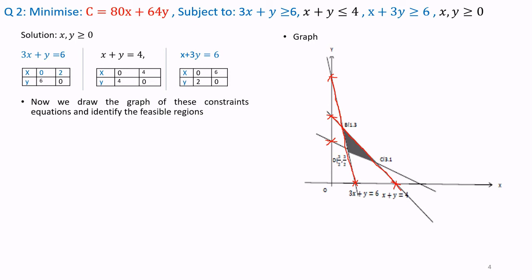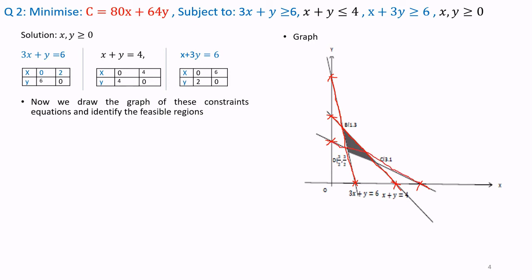And the next point is (6, 0). X is equal to 6 here and y equals 0 is here. So you can join these 2 points with a straight line.